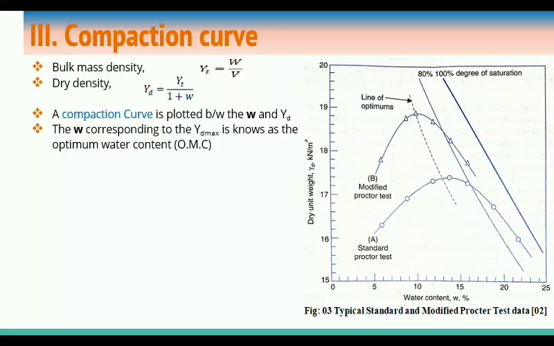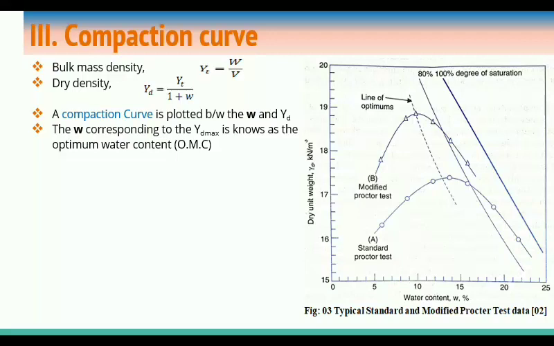But if we see the case of the wet side of optimum, where the water content is more than the optimum moisture content, what is happening there? If you increase the water content, the volume of air will not change because it is already at a minimum. It will not decrease further.